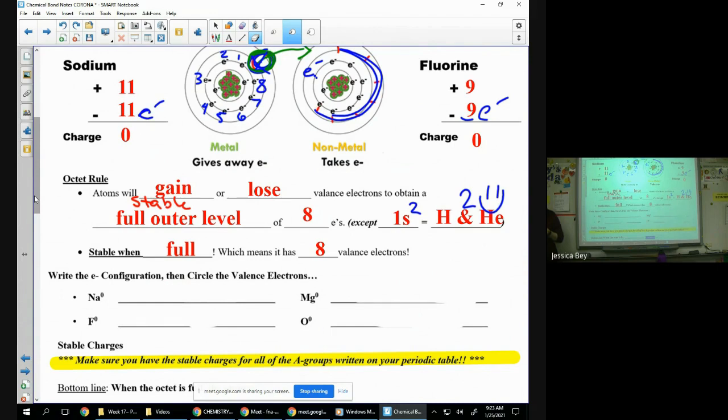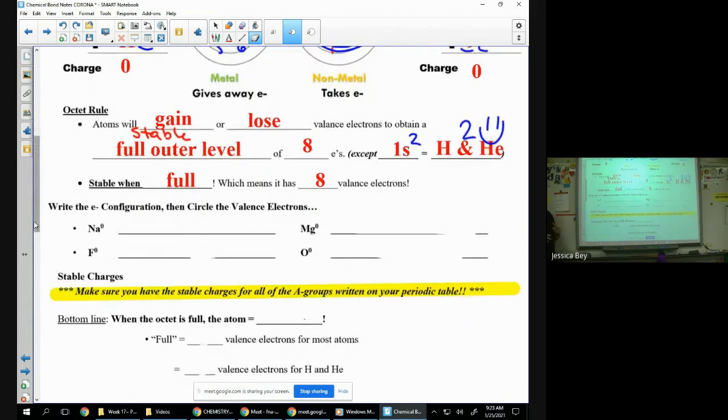Let me show you with an electron configuration what I mean as well. Hopefully you guys have your periodic table, and hopefully you can easily write the electron configuration. Let's do sodium together, shall we? Electron configuration, we start with 1s has 2, 2s has 2, 2p has 6, and 3s has 1 for sodium's electron configuration.